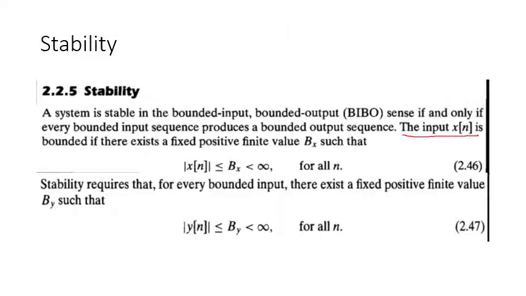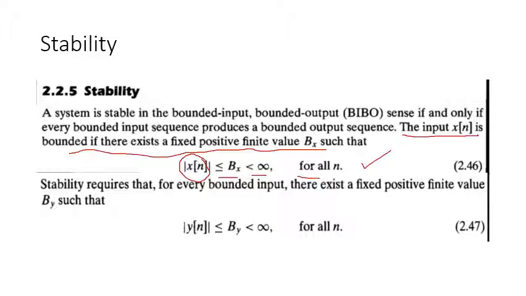The input x of n is bounded if there exists a fixed positive finite value b of x. In stability we are dealing with the magnitude. If the magnitude of input is less than some fixed positive value, and that fixed value is less than infinity for all n, it means that input is bounded.